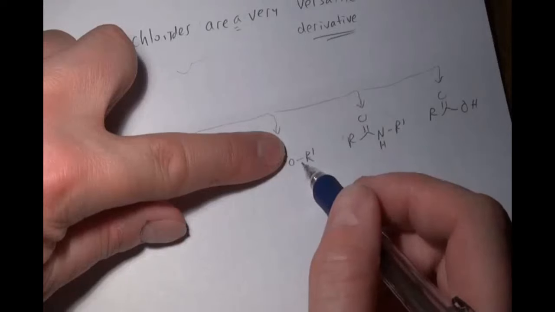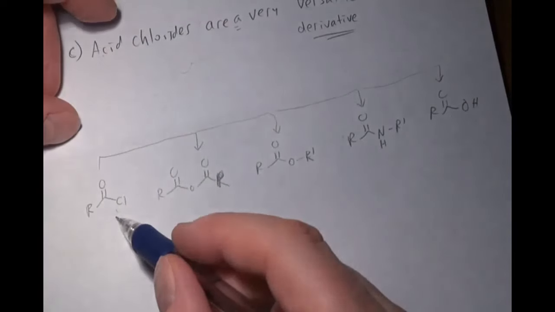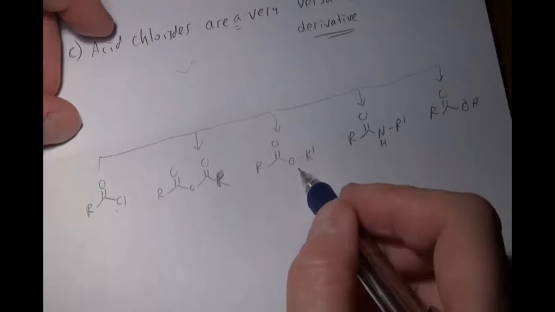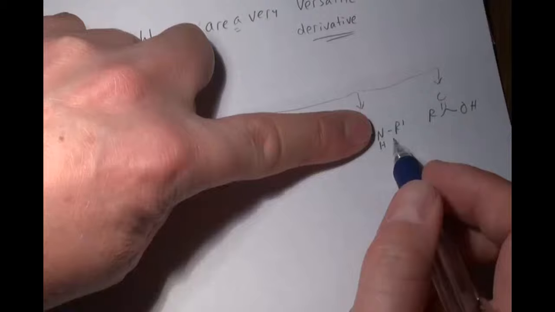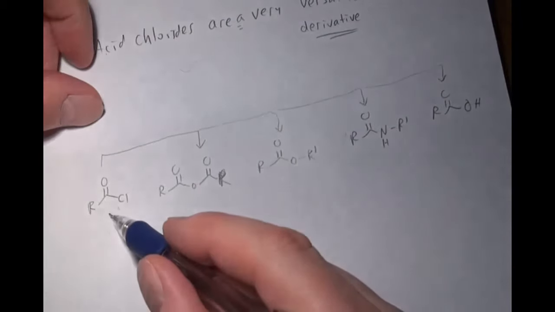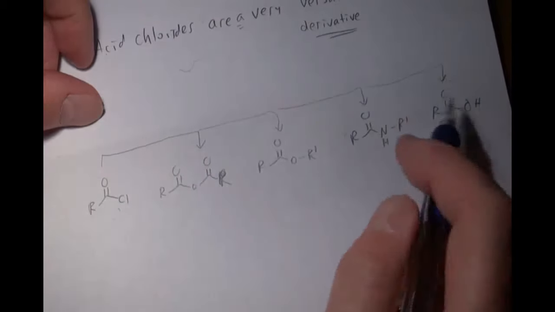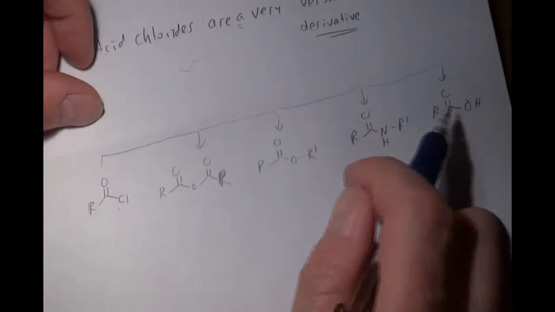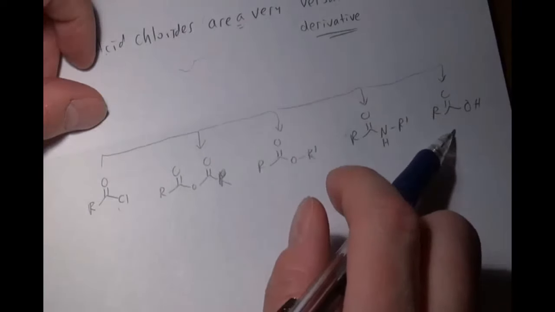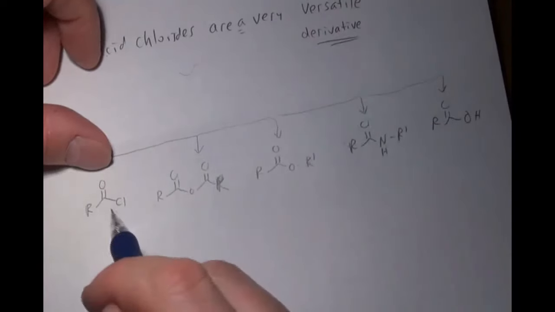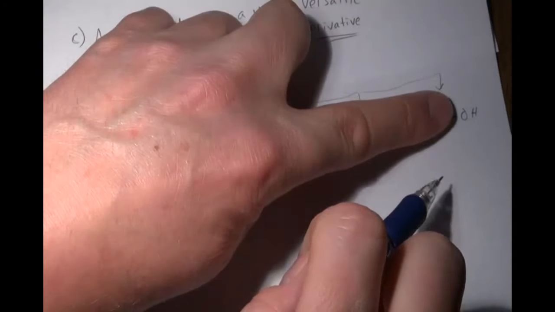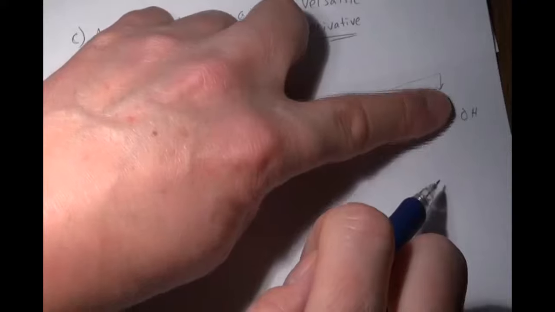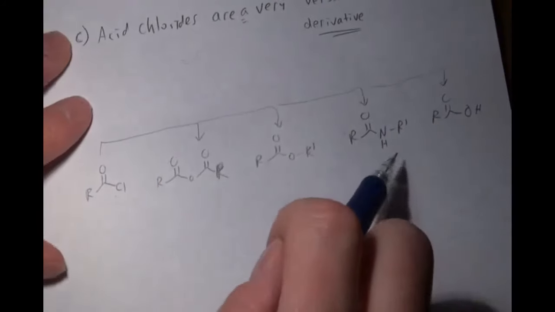The alcohol plus acid chloride makes an ester. How do we make an amide? Use the amine plus a base, and that goes from acid chloride to amide. How do you think we're going to go from acid chloride to a carboxylic acid? If we want to destroy an acid chloride and make a carboxylic acid, it would usually be water. Water is the nucleophile, and the mechanism is very easy. We'll show that in a bit.